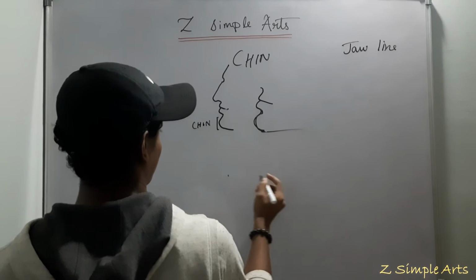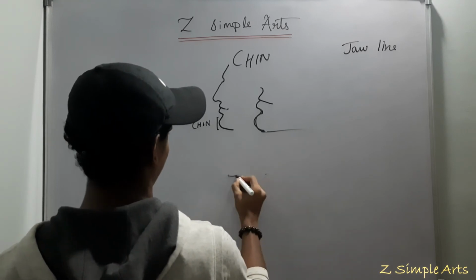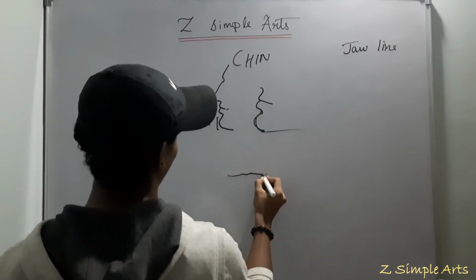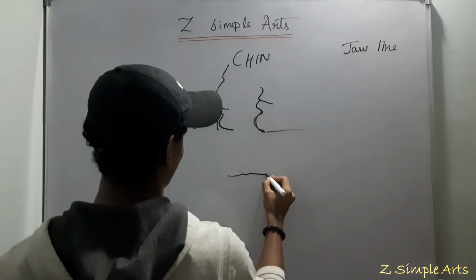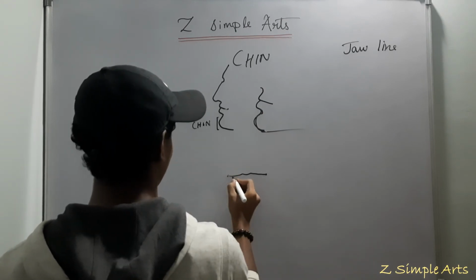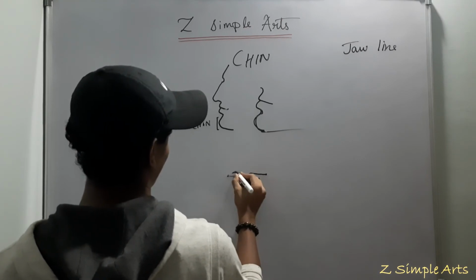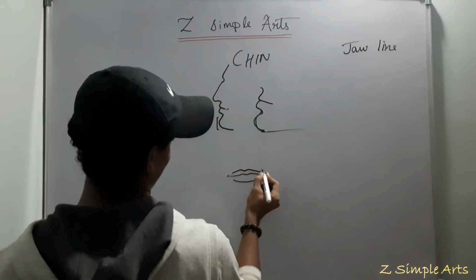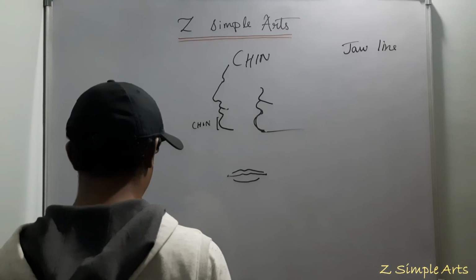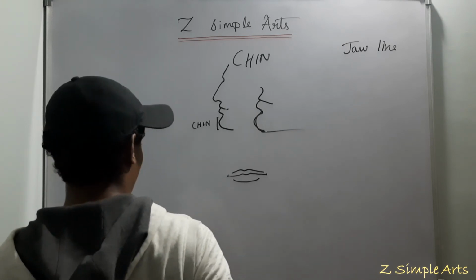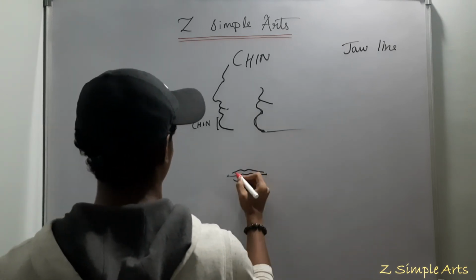So I'm gonna begin with drawing a lip. If you don't know how to draw a lip, you can watch one of the videos in the same playlist. So this is a lip. Just shade it.